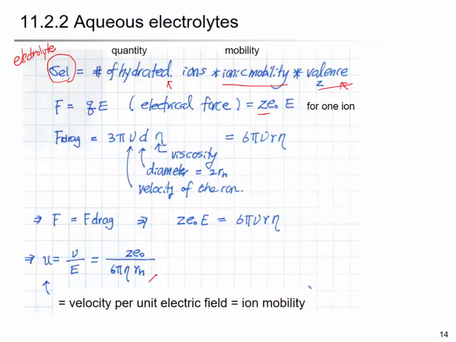Then the final equation will be like this one. The units: velocity is meter per second, and the electric field is what? Potential divided by distance, so V over meter. So meter squared per V second.